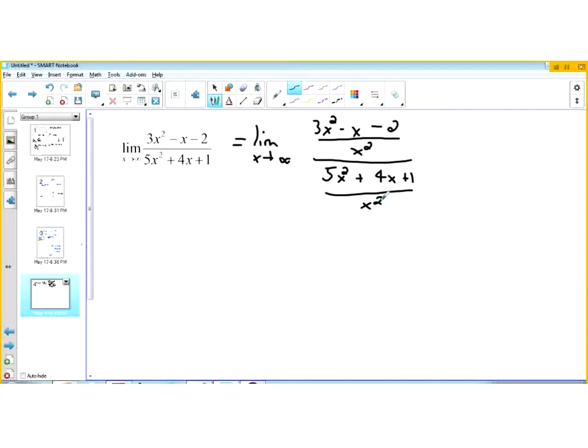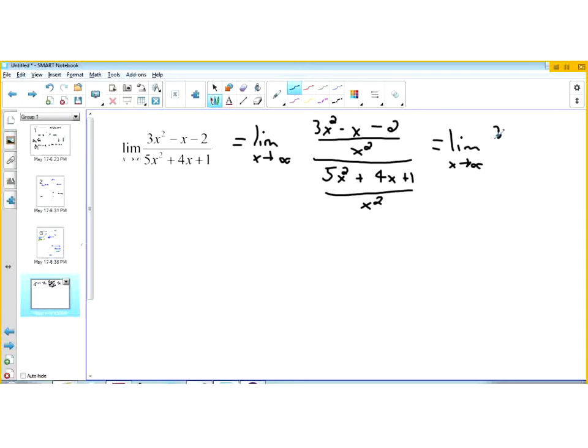Now, is it okay that I do this? Have I run into any trouble by potentially dividing by 0? Well, the answer is no, because the safety part is x is going toward positive infinity. So x in the long run will not be anywhere close to 0. So this division is safe, owing to the fact that we're dividing by a large positive number.